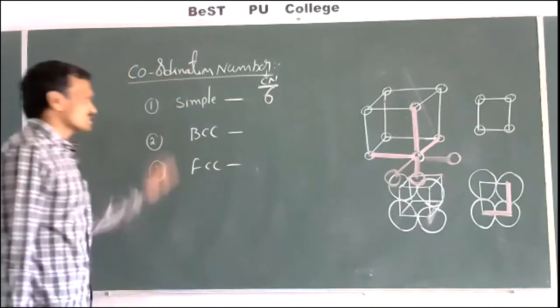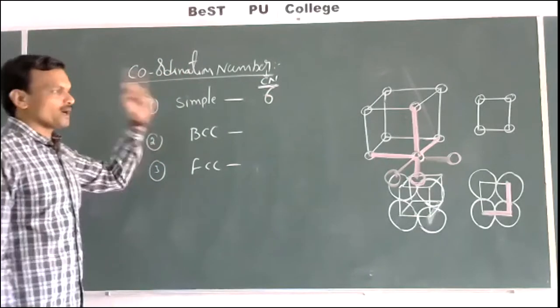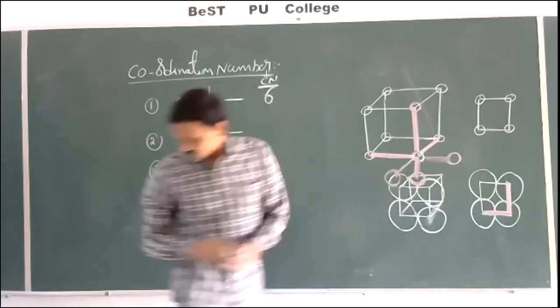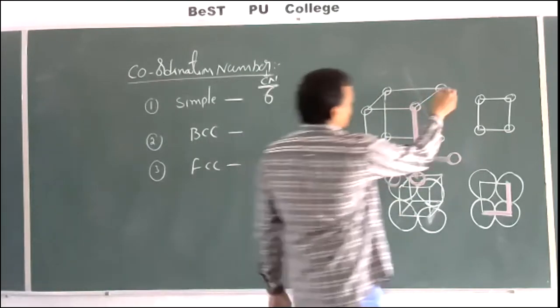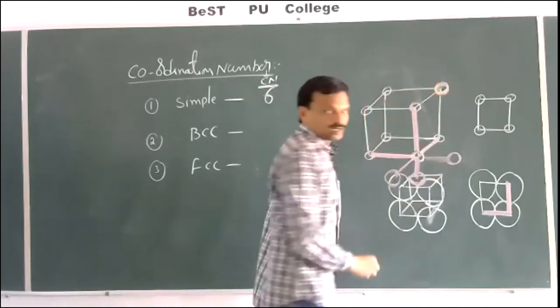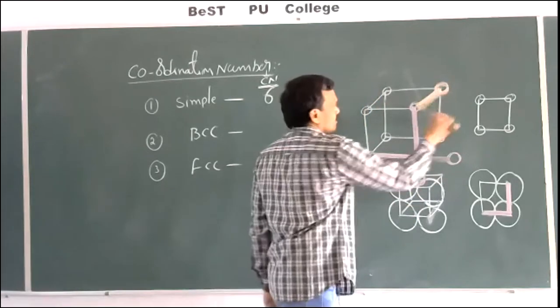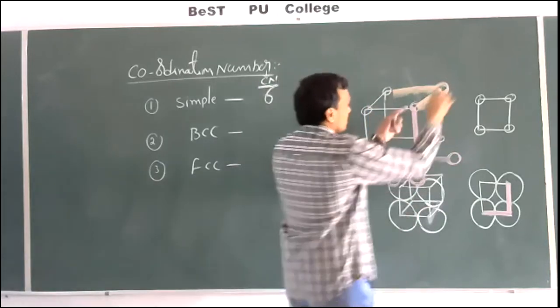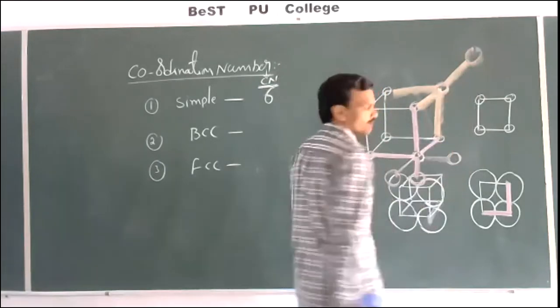So in simple cubic, if I select this particle here, it is in contact with how many particles? Let us see. 1, 2, 3 within the unit cell. Next, on the back side, one particle will come.